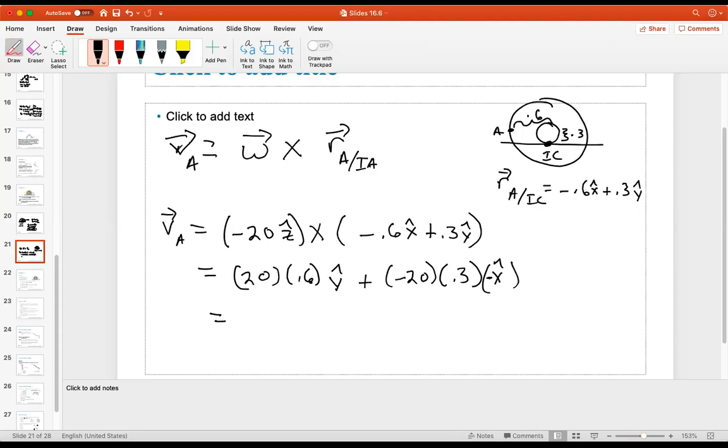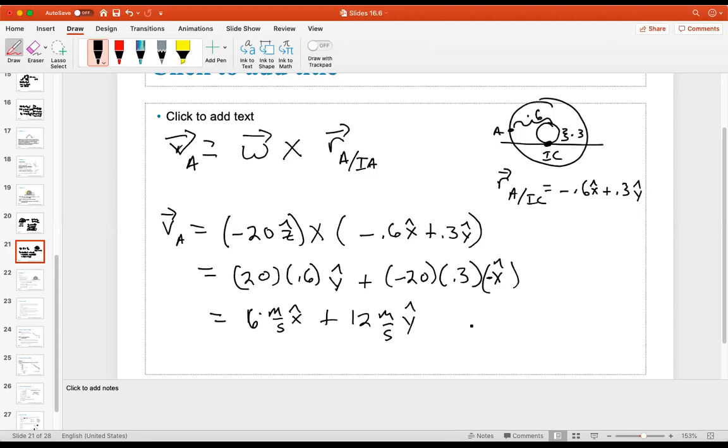Okay. That's why it's useful to have a good mental picture of what the answer should be, so that we can check that this thing even has a chance to be right. Okay, so then I multiply all those out and I get 6 meters per second in the x direction plus 12 meters per second in the y direction.